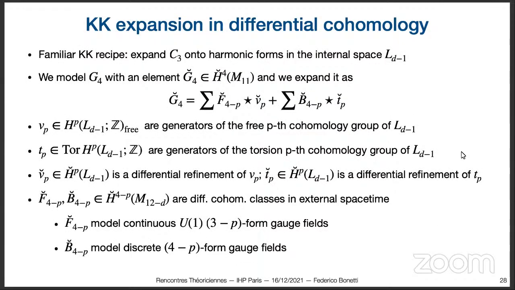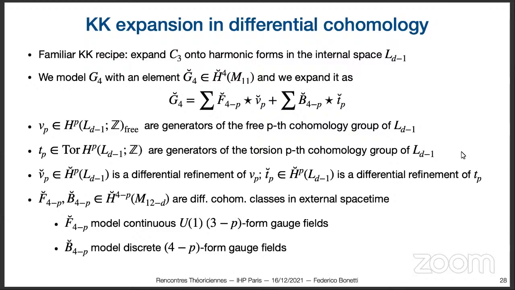And now we can see, again, the details are not super important, but I hope I'll be able to give you the message. So what would we do in a normal situation? We would say, okay, let's pick a basis of cohomology classes in internal space and expand G4 on it. So this would be the first term. The V's, for me, are generators of the non-torsion part of cohomology.